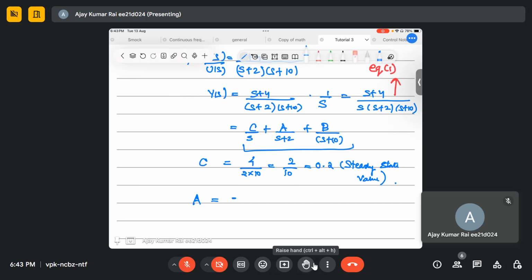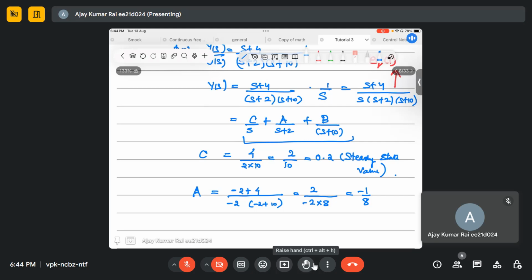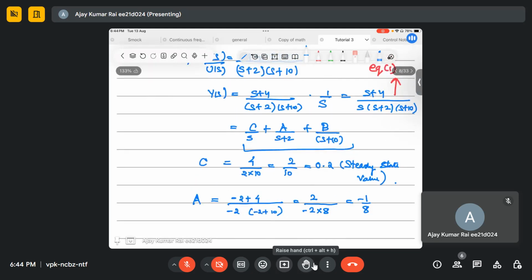So what you'll get, just directly writing: -2 plus 10, so this will be 2. Okay, -2 into 8. So -1 by 8, if I'm correct. So any doubt how I got this coefficient a?